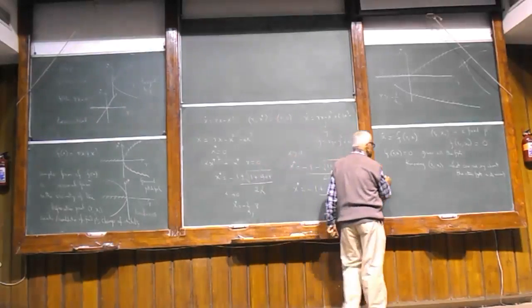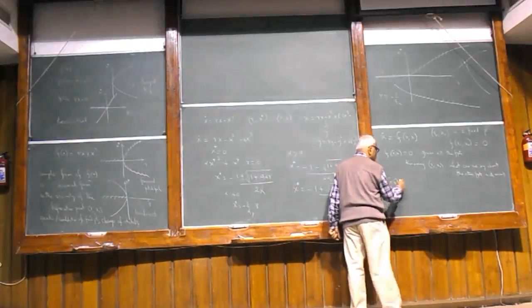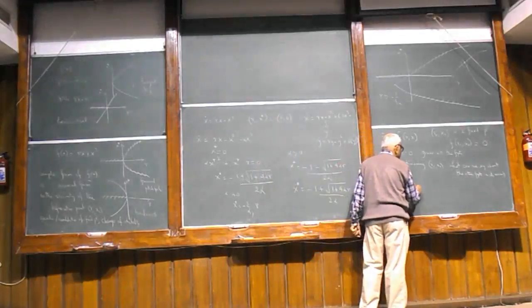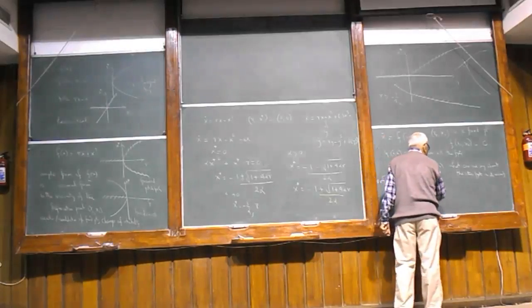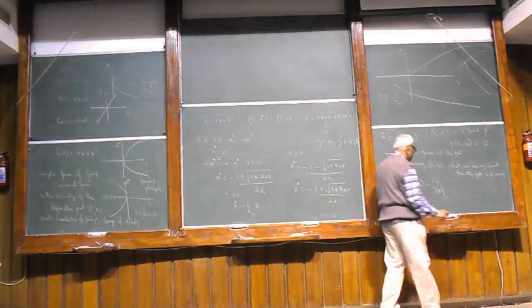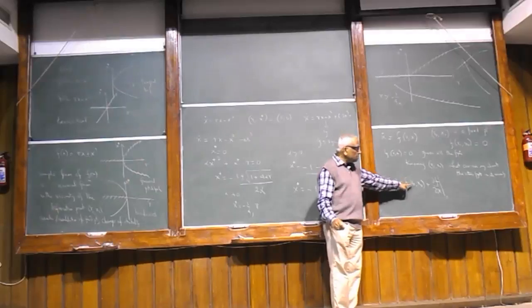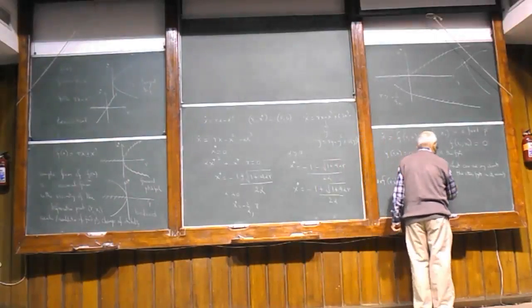So you do a Taylor expansion, f(r, x) equal to f(r_c, x_0) plus ∂f/∂x at (0, 0), meaning that at r equal to r_c and x equal to x_0.